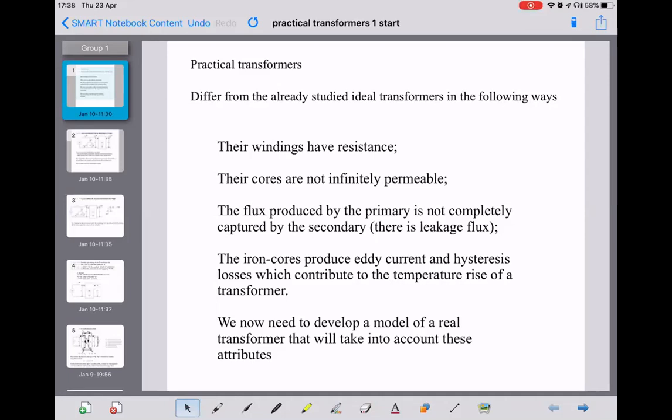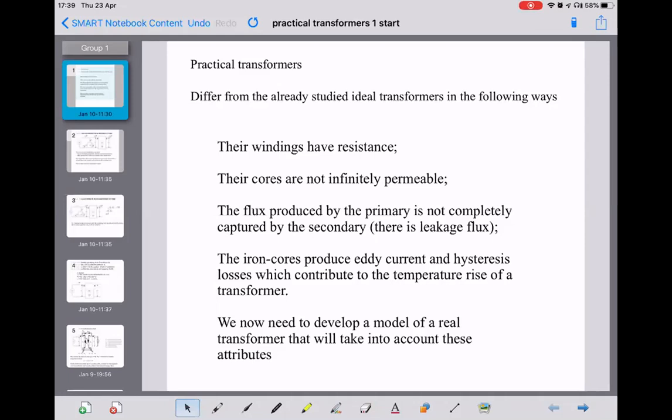We said in the ideal transformer that the iron cores were perfect, with no eddy current or hysteresis losses. Well, in a real transformer, there are eddy currents that flow in the core, despite all the efforts to minimize them, and there are hysteresis losses.